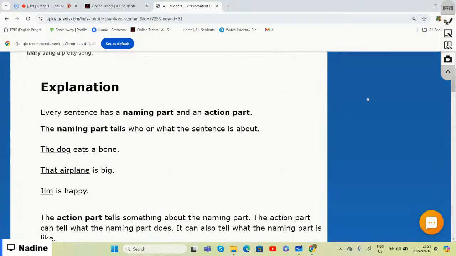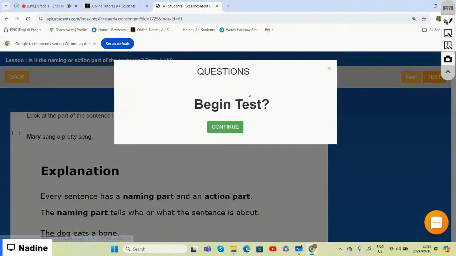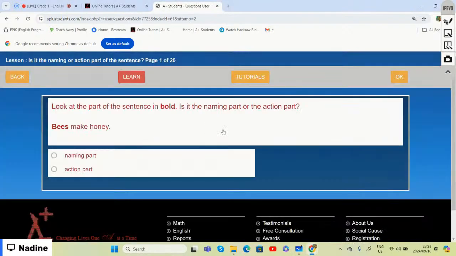All right, let's go to our test. We need to look at the part of the sentence that's in bold, right? We need to say, is it a naming part or is it an action part? So here we need to look at this sentence. It says, bees make honey.